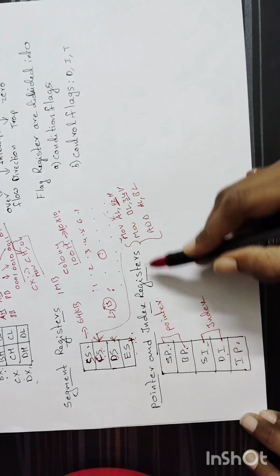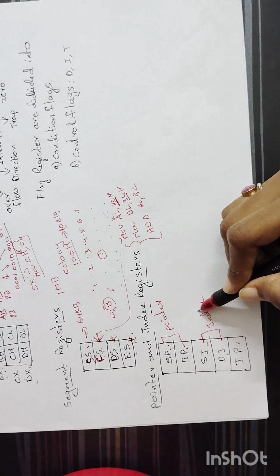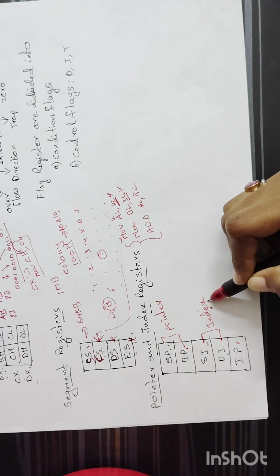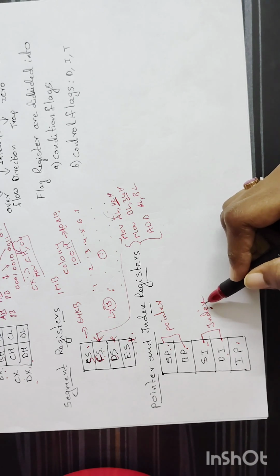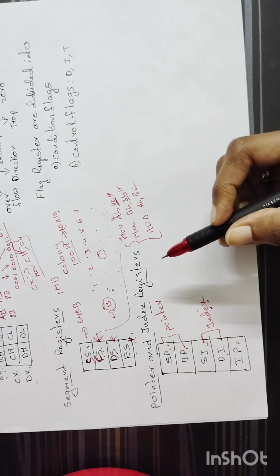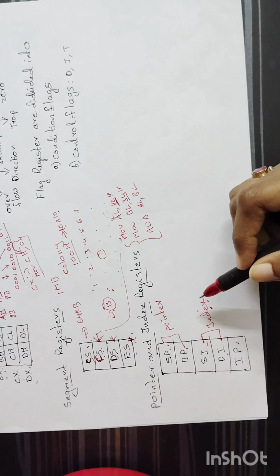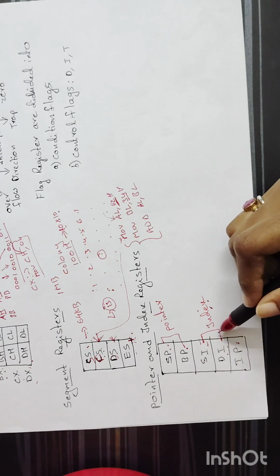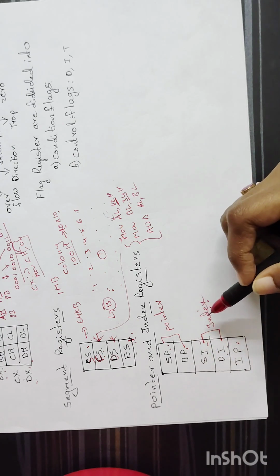These two are pointer registers. The index registers are used as normal general purpose registers as well as for offset storage in the case of indexed, base indexed and relative base indexed addressing modes. We have different types of addressing modes available in 8086, and we use the source index and destination index for those addressing modes.